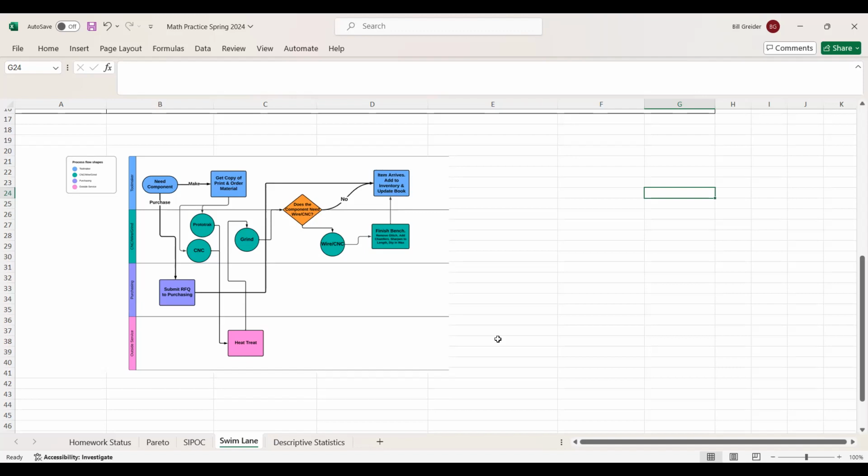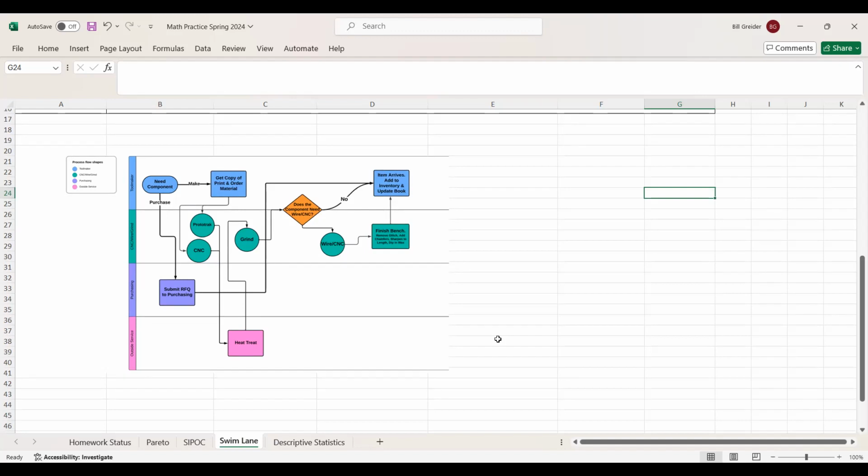Yeah, I did this for that process of components moving through the tool room or being purchased. It starts in that top left corner. If you need a component, there's 2 ways we can go: you could make or purchase. If you purchase, it goes right to submit the RFQ to purchasing, and that's really it. Then you zip up to the item arrives. If you have to make it, there's a lot more steps.